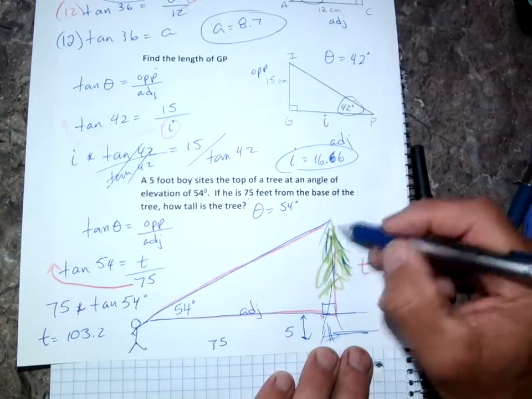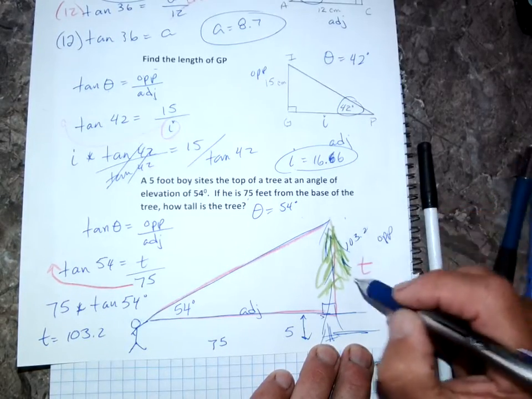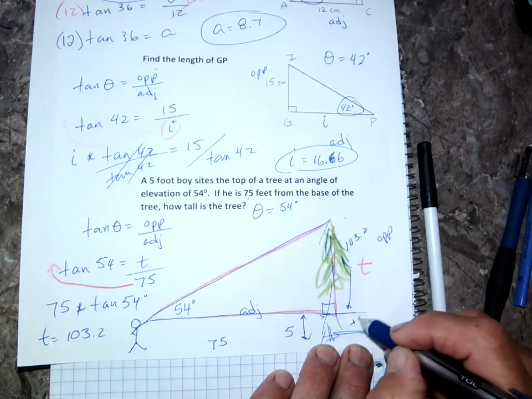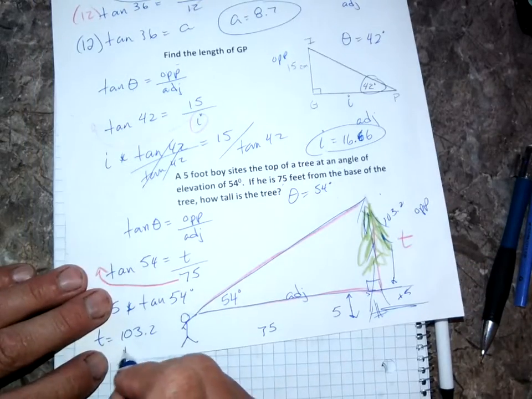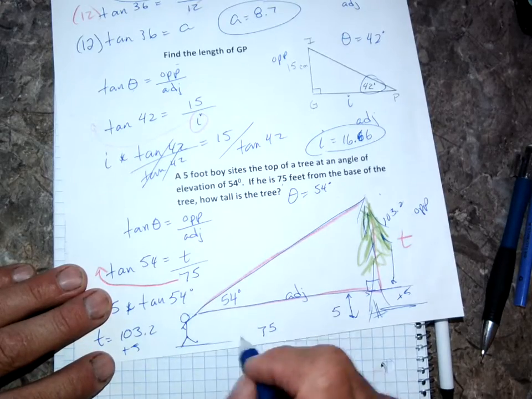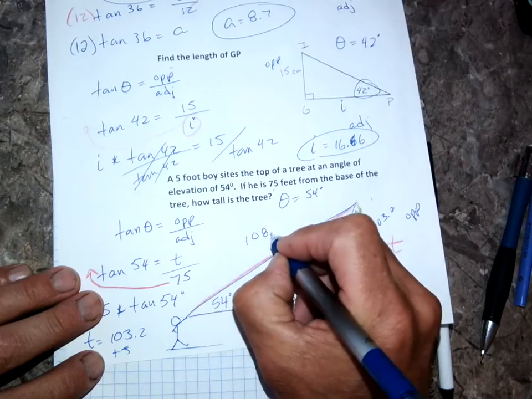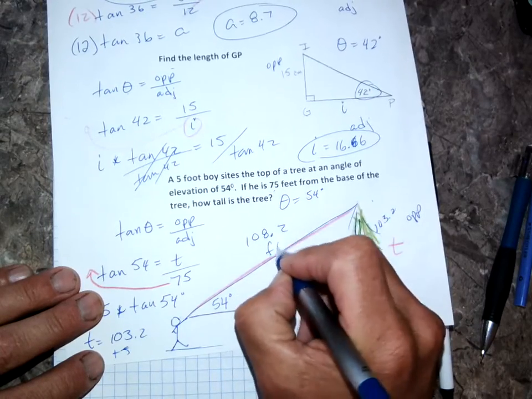So from here to here is the 103.2. But I got to add in my 5. So I add in my 5 feet for the 5-foot boy, and I get a grand answer of 108.2 feet for the height of the tree.